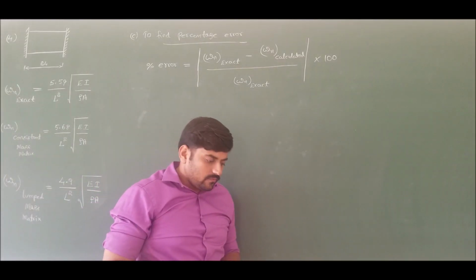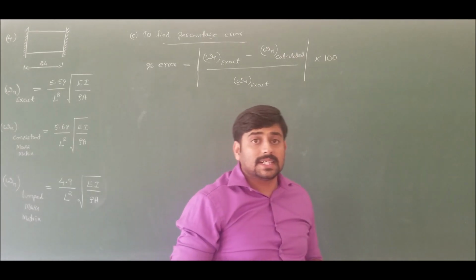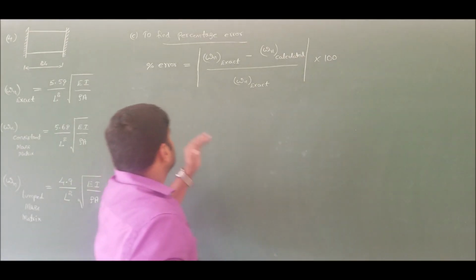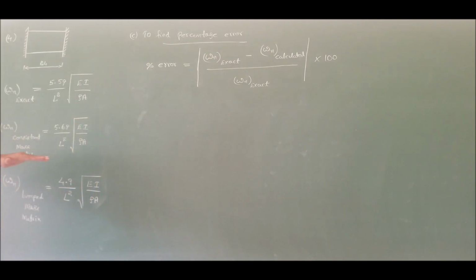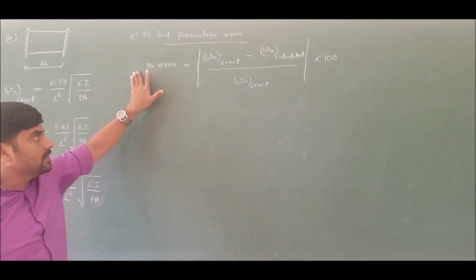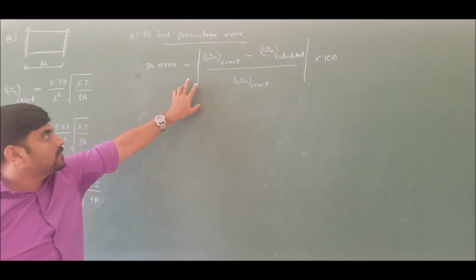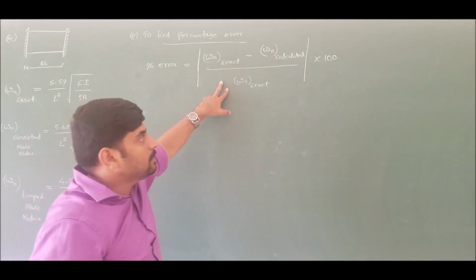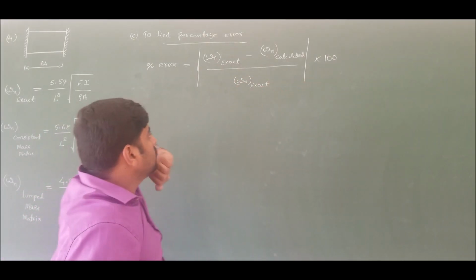Now coming to the final case, to find the percentage error, first let us calculate the percentage error by using the consistent mass matrix for analysis. The percentage error is given by the general expression: modulus of the difference in exact value and the calculated value, divided by the exact value, multiplied by 100.